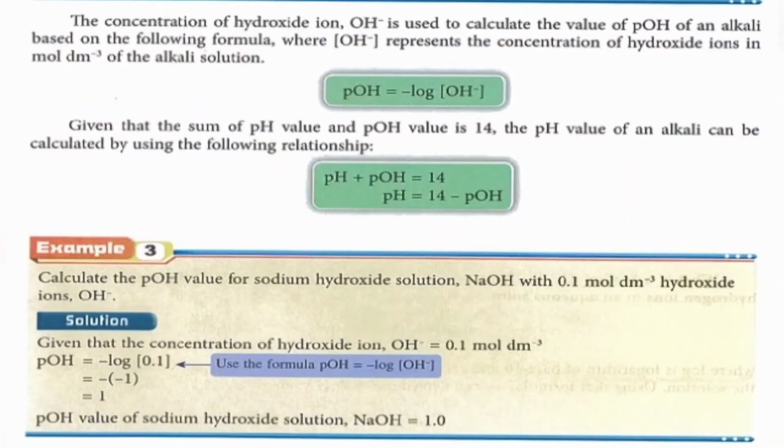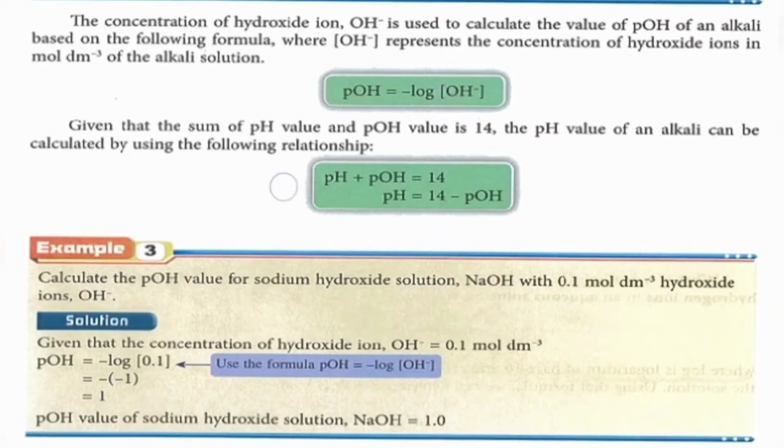How about hydroxide ion, OH-? Okay, what is pOH? pOH, this is the concentrations of hydroxide ion. Okay, we can calculate the pOH using this formula. pOH is equal to negative log the concentrations of hydroxide ion.